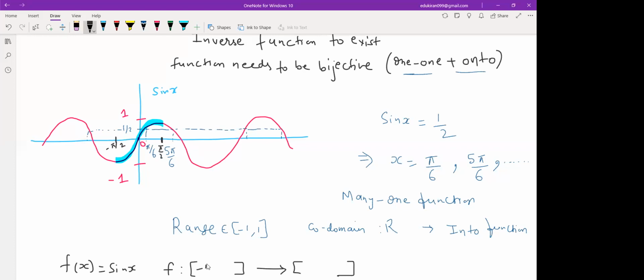So we restrict the domain to -pi/2 to pi/2, and the codomain we take same as the range, -1 to 1, not the real numbers.